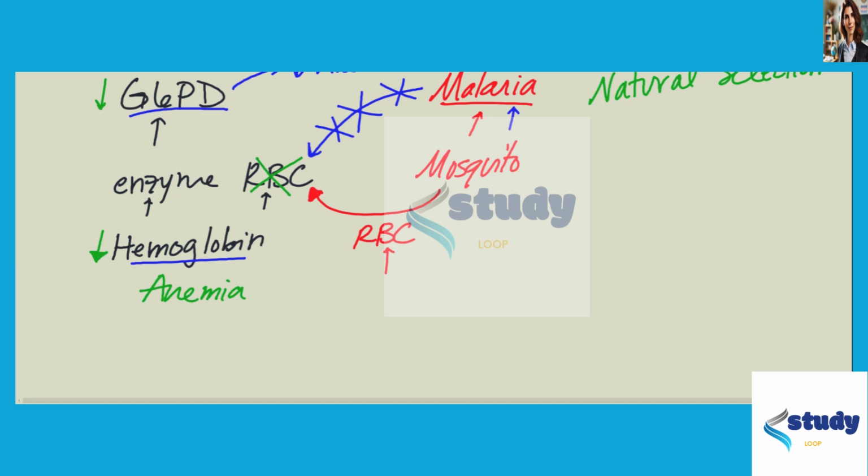So we have one scenario where malaria is significant, and we have another where it is not. And of course, we have two different types of individuals. We have normal individuals without this G6PD deficiency, and we have those affected by it.